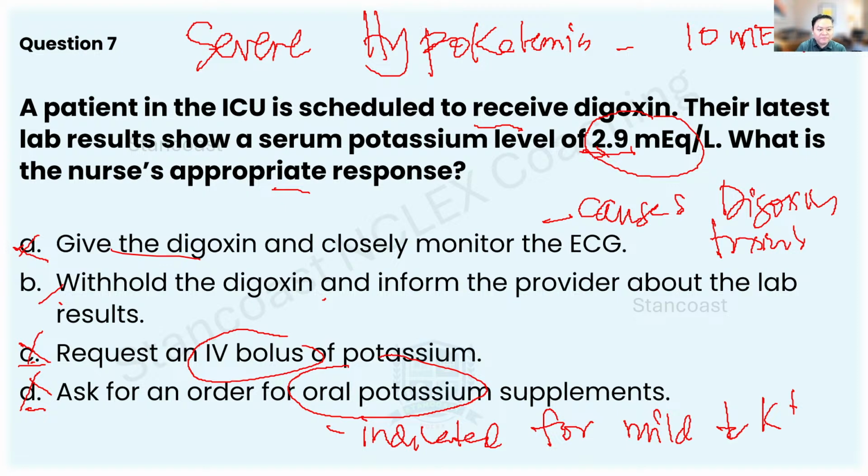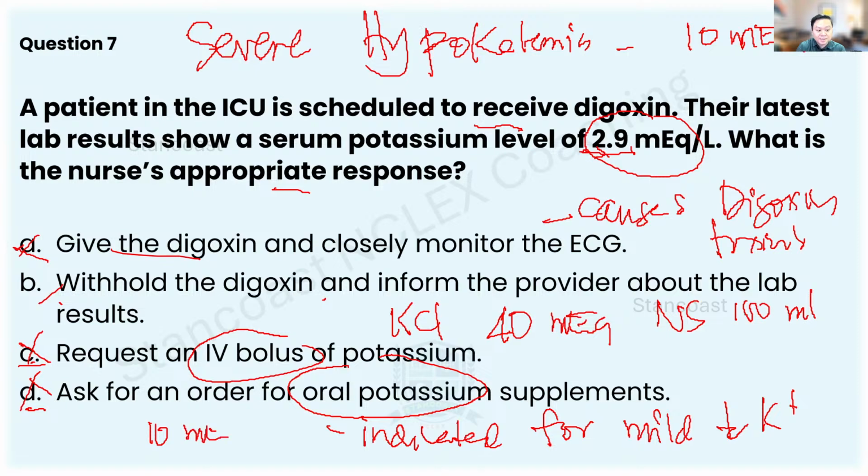So for example, if that is 40 milliequivalents of potassium, KCl, again, it can vary from one hospital to the next. Most often, if they are going to order 40 milliequivalents of potassium, this is usually diluted in 100 mLs of normal saline. And so when you are going to administer this according to the recommended 10 milliequivalents per hour, how are you going to administer this in order to safely give this drug?